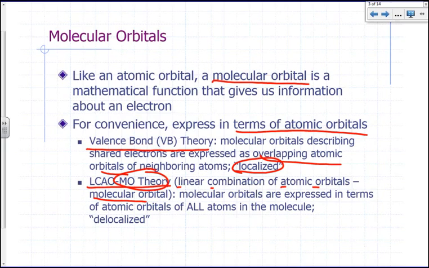It's similar to valence bond theory, except that in the case of LCAO-MO, we express the molecular orbitals in terms of atomic orbitals from all the atoms in the molecule. In other words, a molecular orbital in the MO theory is usually delocalized throughout the entire molecule. It's not just defined in the regions between pairs of atoms.